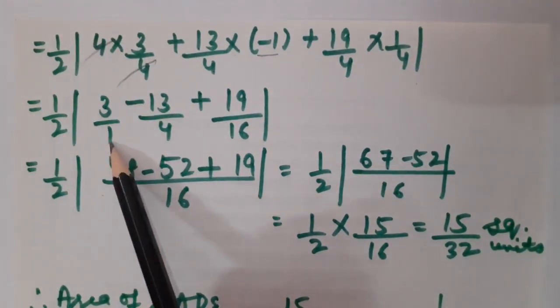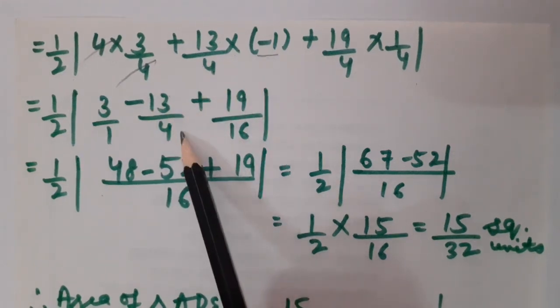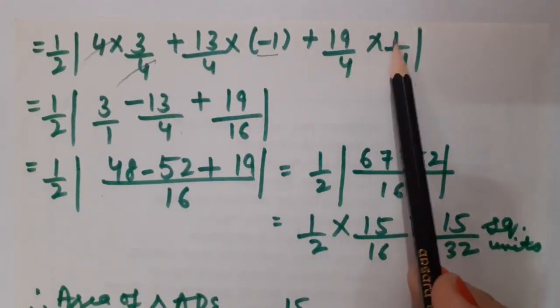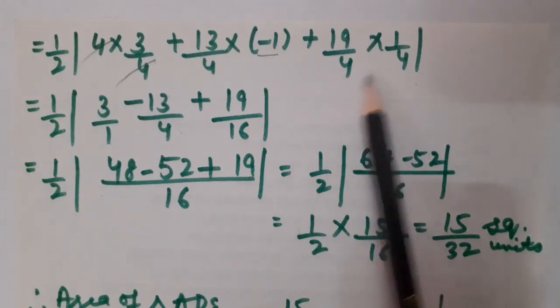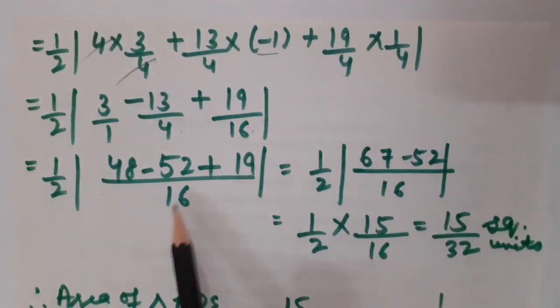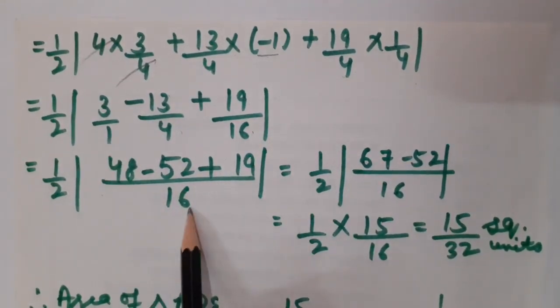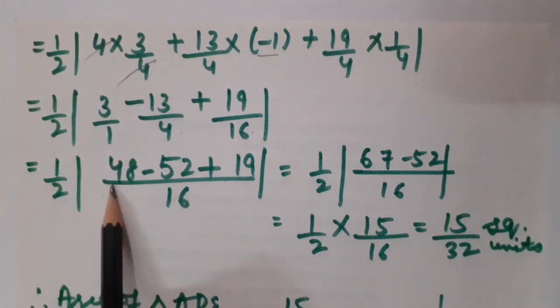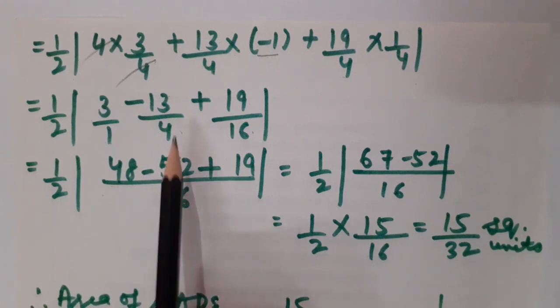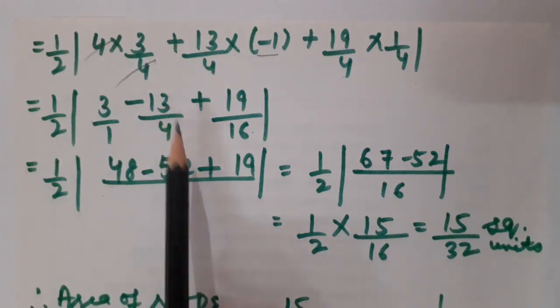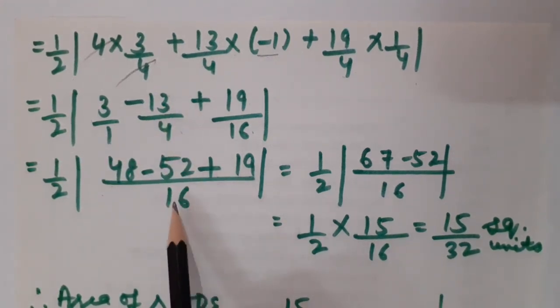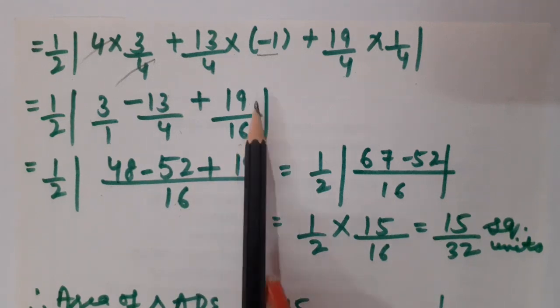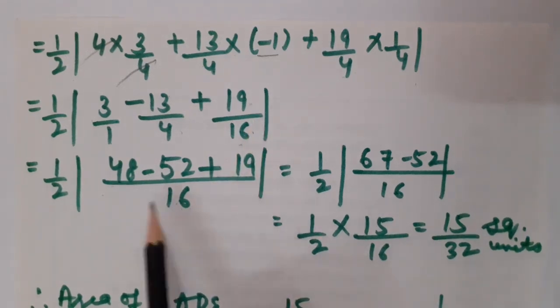I have got 3 upon 1 minus 13 upon 4 plus 19 into 1, that is 19 upon 4, 4s are 16. Again I will be taking LCM, that is 16. 16 divided by 1, 16 into 3, that is 48. Minus 16 divided by 4, that is 4, 4 13s are 52. Plus 16 divided by 16, that is 1, 1 into 19 means 19. Fine.